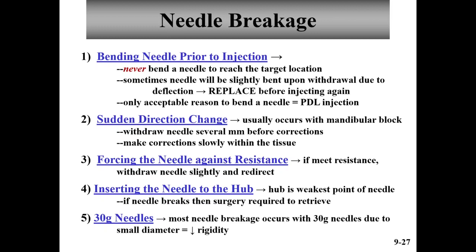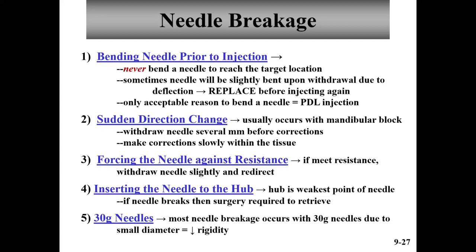It's always the hub. And inserting a needle all the way to the hub increases the chance that a needle will break, because you now have that needle all the way buried in tissue. There are times it's okay to go to the hub, but only with a 25 gauge.